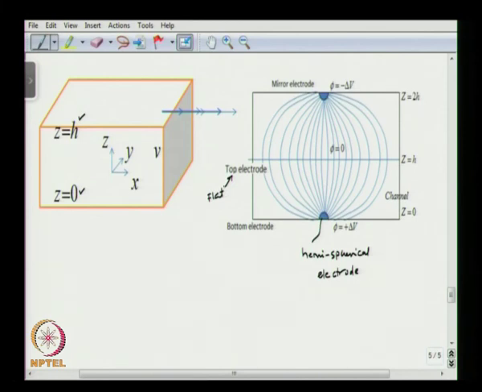We create an electric field having phi equal to 0 at the top electrode and phi equal to some positive voltage at the bottom hemispherical electrode. However, this electric field gradient is positive in this direction. The lines are more concentrated close to the hemispherical electrode. So in this direction we maintain a positive electric field.